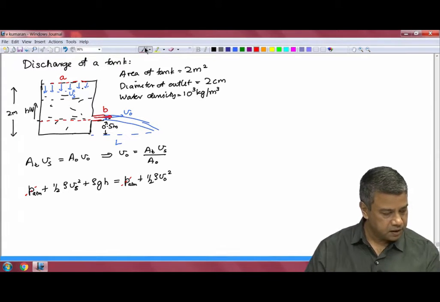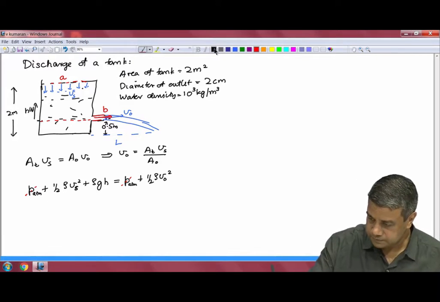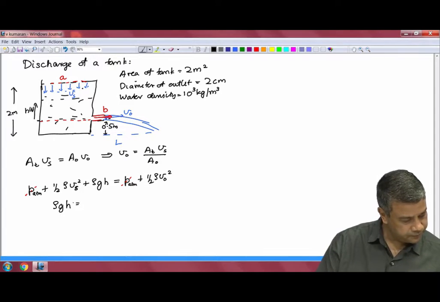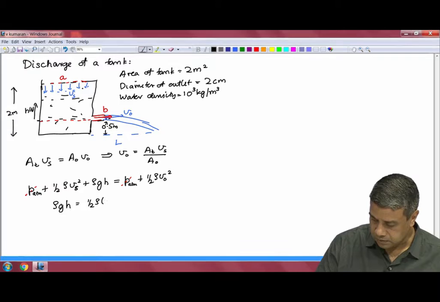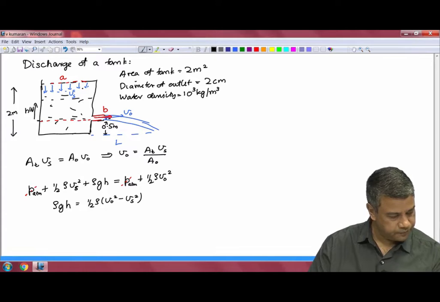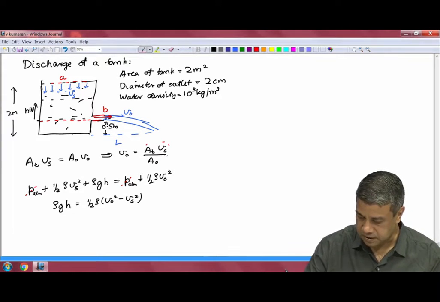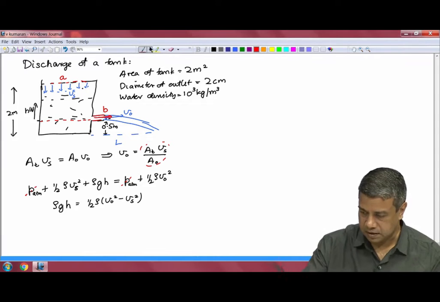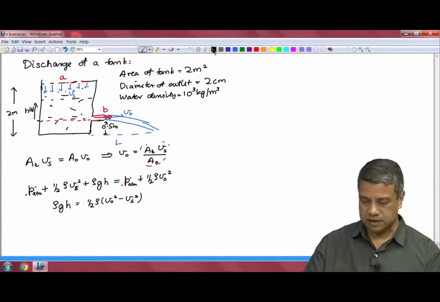And I get an equation for h. I get rho g h is equal to half rho times V0 square minus the surface velocity square. And I can use this relationship between the surface velocity and the outlet velocity that came from the volumetric balance conditions.